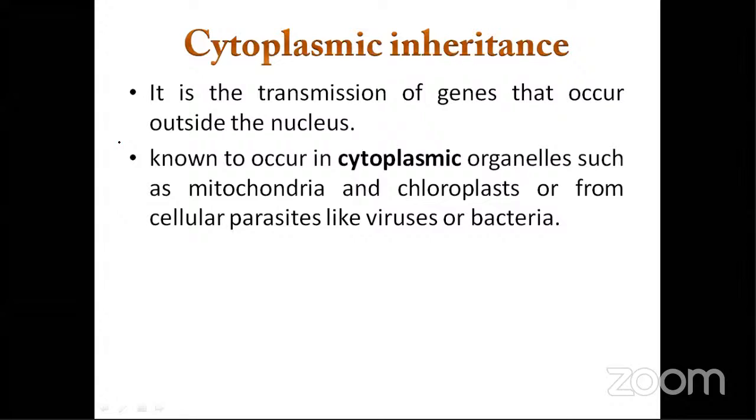So there are certain conditions where you can call it a cytoplasmic inheritance. The first case is when you cannot see the classical segregation pattern, that is the Mendelian pattern of segregation. When you cannot see that, that condition might be because of cytoplasmic inheritance.